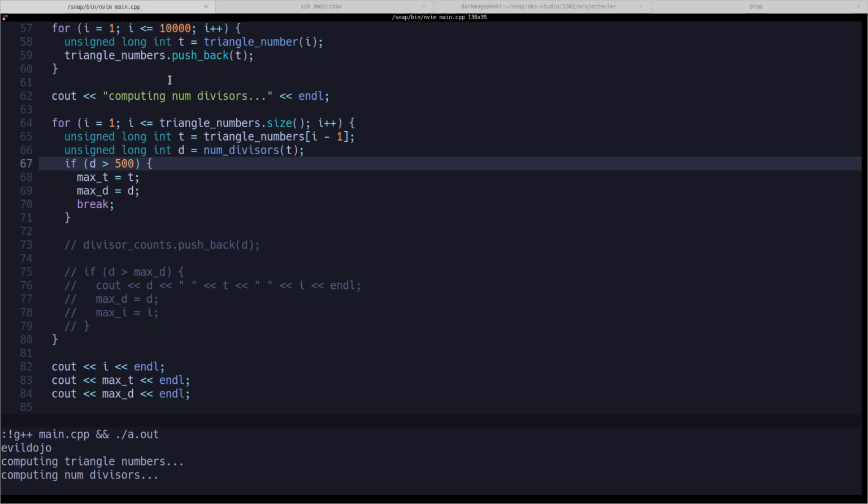It's taking forever. We could get to the end of 10,000 triangle numbers and never find one that has more than 500 as well. That's also a problem.